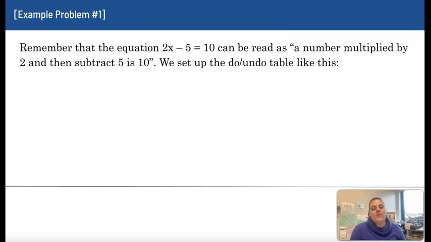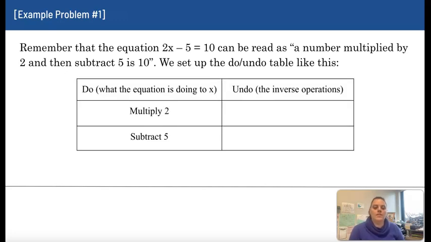We want to remember that the equation can be read as a number, that's x, a number multiplied by 2 and then subtract 5 is 10. So we set up our table like this. One side is our do column, what the equation is doing to x, in this case a number multiplied by 2 and then subtract 5.